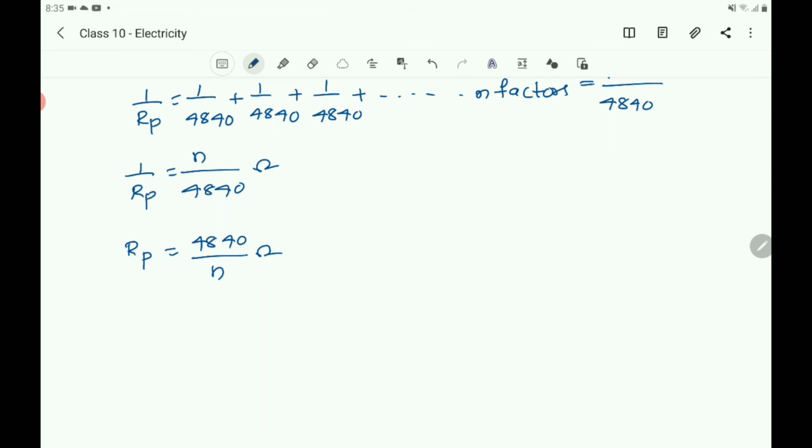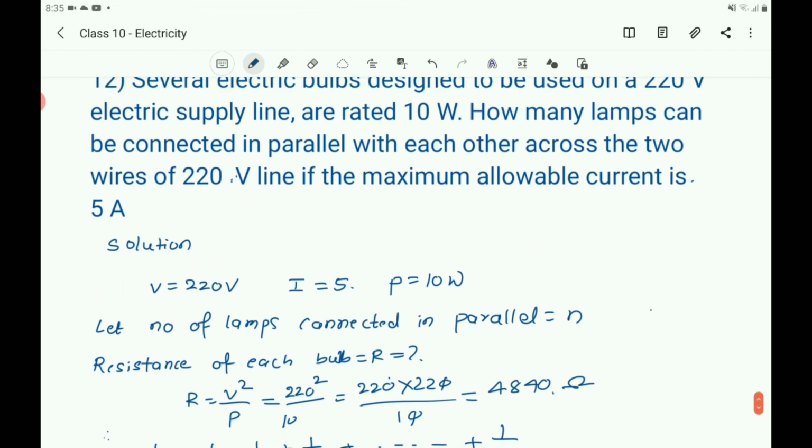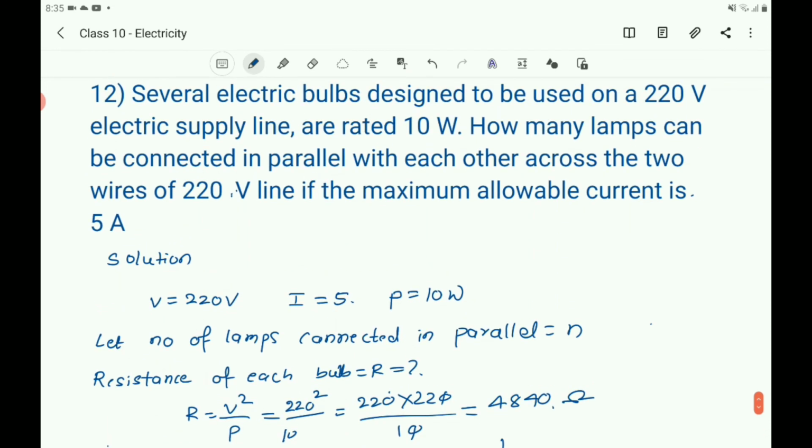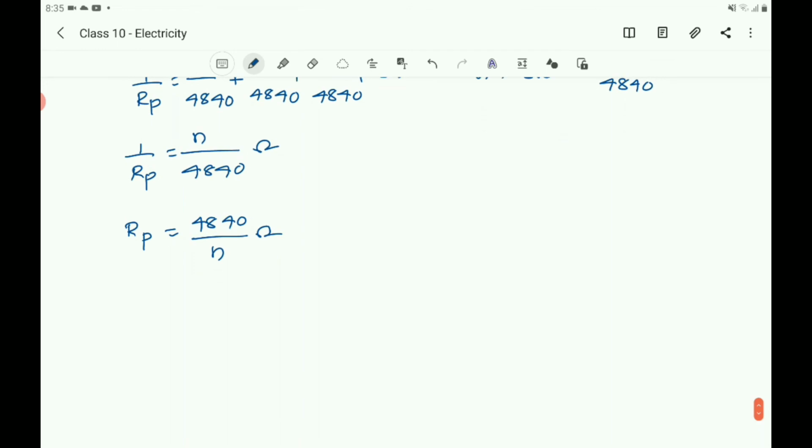Now here what you have to find out? We have to find out how many lamps can be connected in parallel with each other, means here we have taken n lamps. So we have to find the value of n.